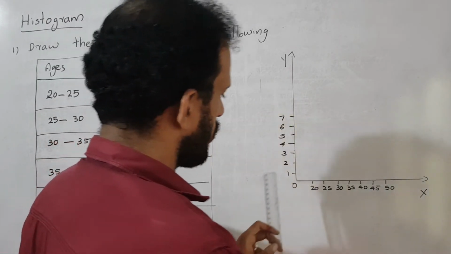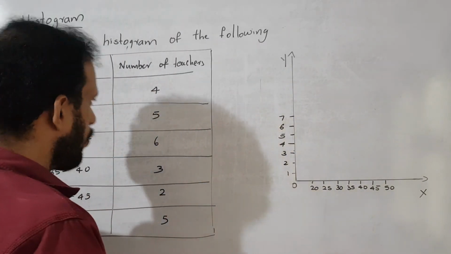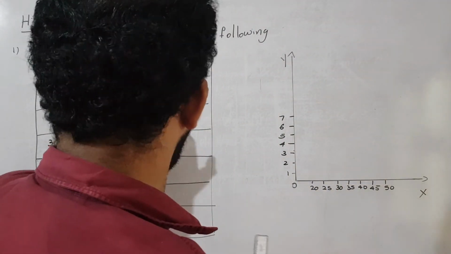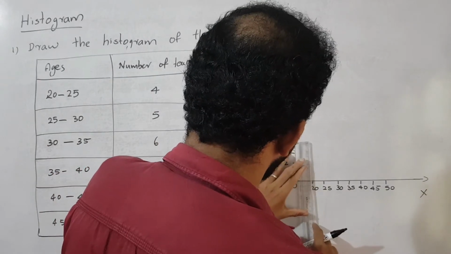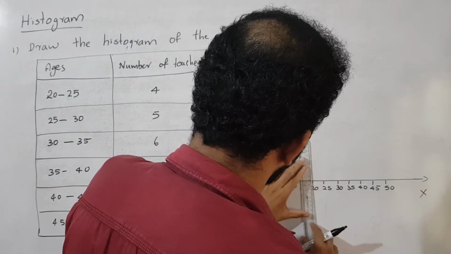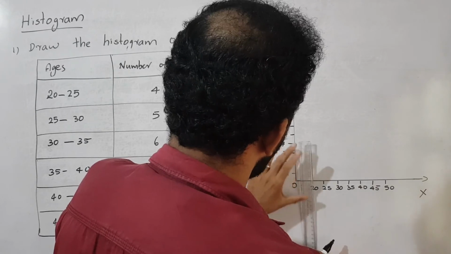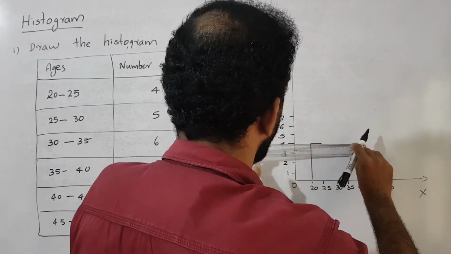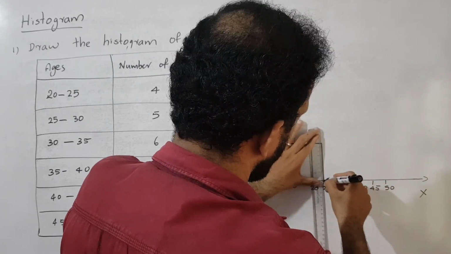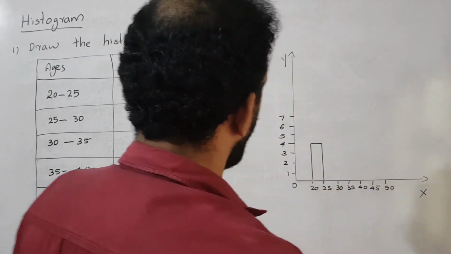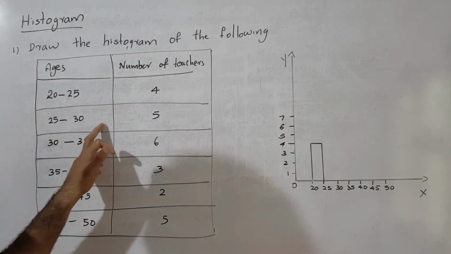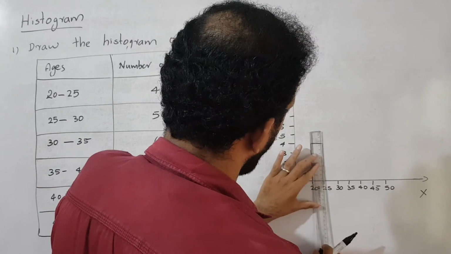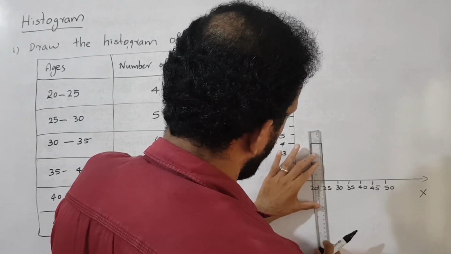We start at 20, and from 20 to 25 we use the scale, and the frequency is 4. Next is 25 to 30, the frequency is 5.